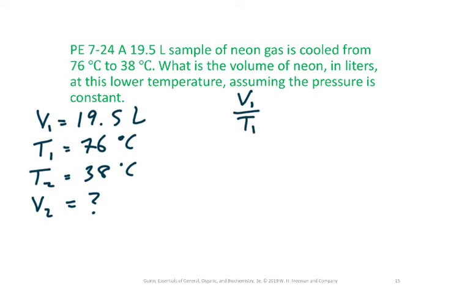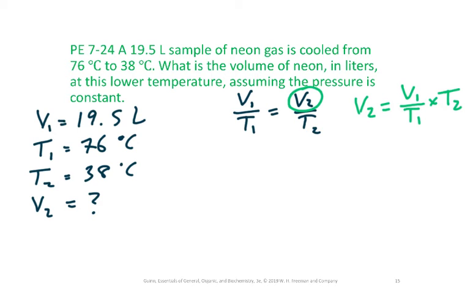So we have this equation, and we're solving for V2. So we can rewrite it as V2. If we multiply both sides by T2, we get V1 over T1 times T2.